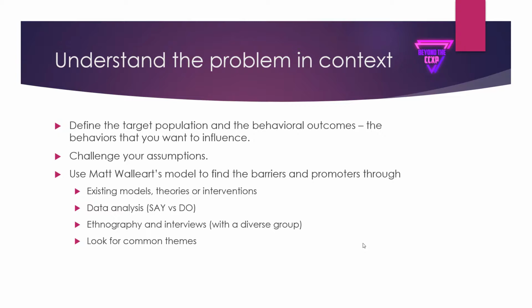There's a book called Upstream, which is very good, where they talk about surrounding the problem. And what you do is you don't just get a diverse group, but you get people that are related to the problem, either upstream or downstream from it as well. So if you were looking to tackle homelessness, you wouldn't just interview the police officer that arrests the person on the side of the street, maybe with a drug problem.